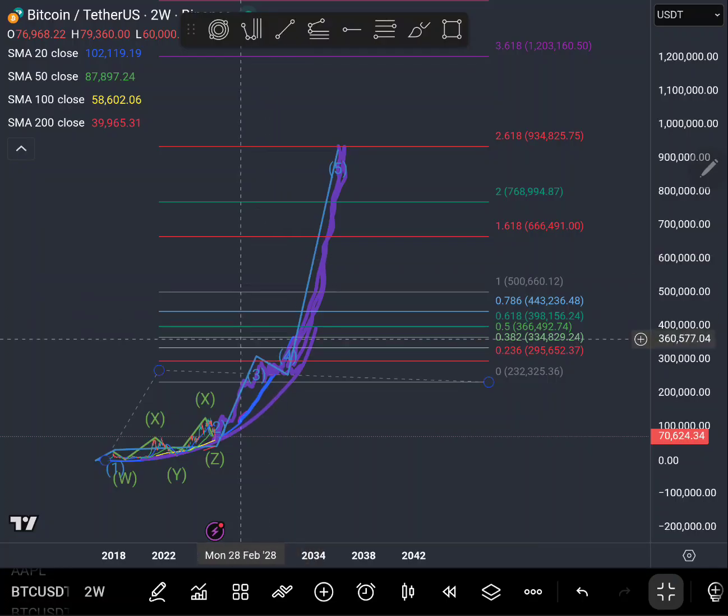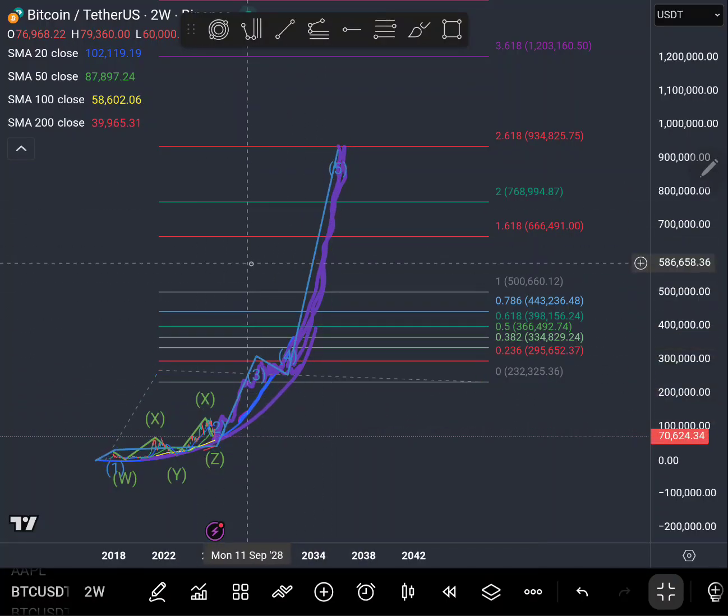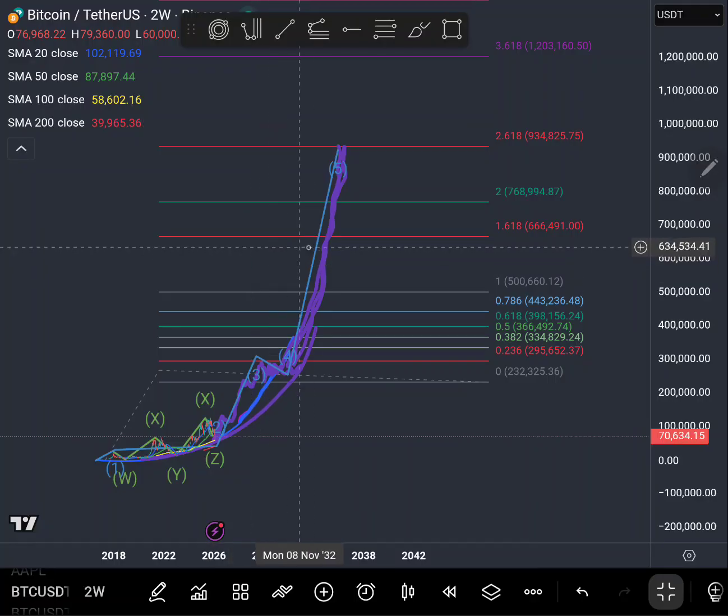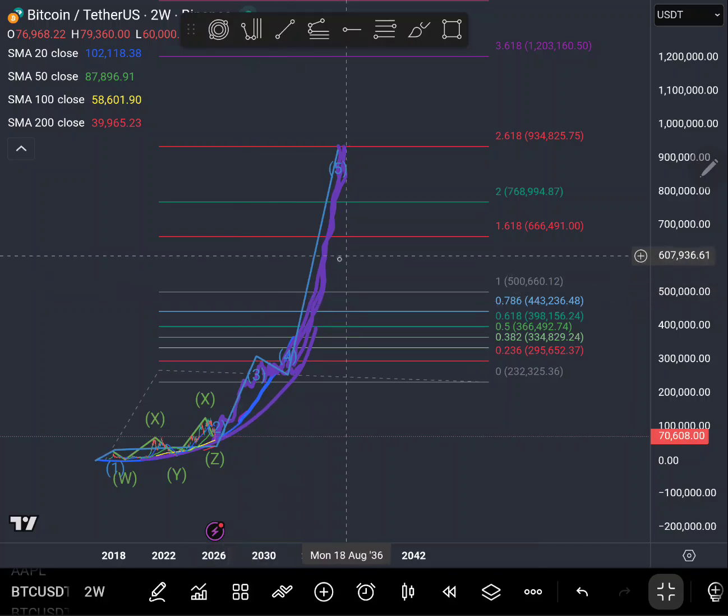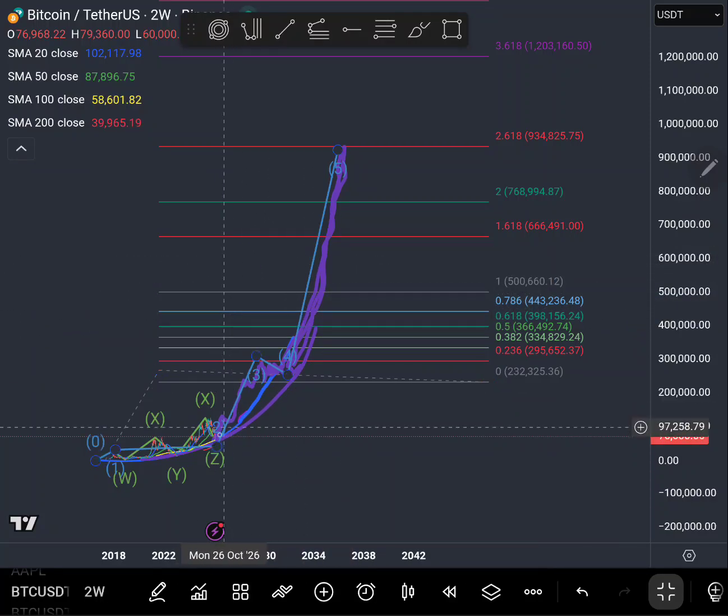So this upward move could take 5 years, 4 years, it could be 3, 4, 5, 6, 7, 8 years, anything like that. So this is all long term.